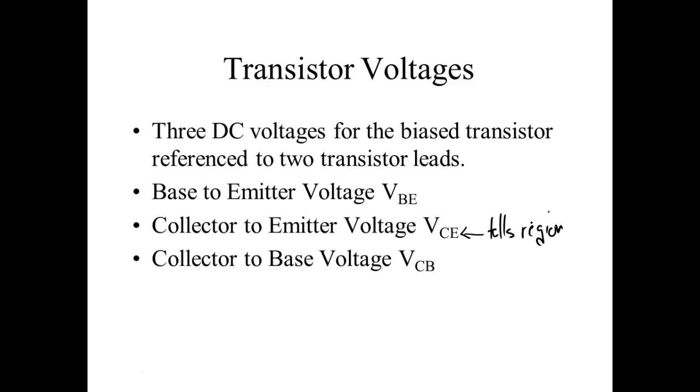Now this is telling us where we make our measurements. So VBE would be a measurement between the base and the emitter. And which one is meter common? Not circuit common, meter common. Y'all got to understand the difference, right? So this black lead is not circuit common. This is meter common.